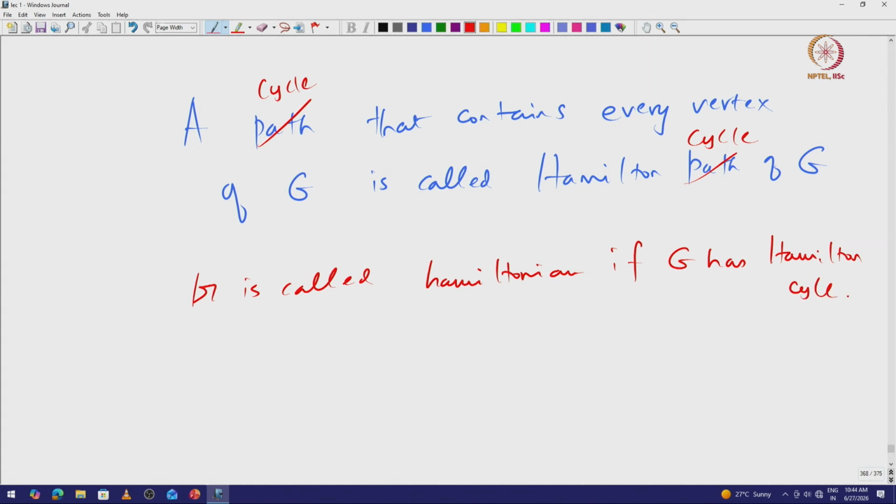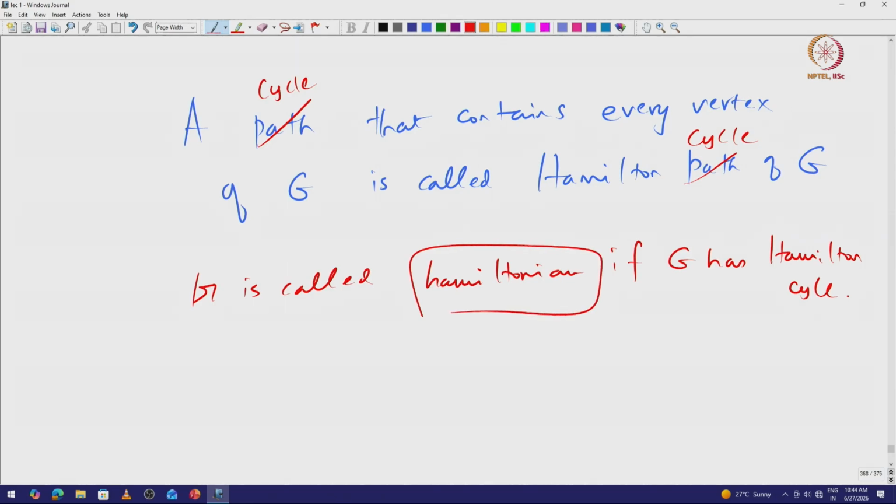It would be good to have some nice non-trivial necessary and sufficient condition for a graph to be Hamiltonian, but unfortunately we do not know any such criterion. In fact, the problem of finding such a condition is one of the main unsolved problems of graph theory. One can come up with some necessary conditions, but we do not know any if and only if conditions that characterize Hamiltonian graphs.